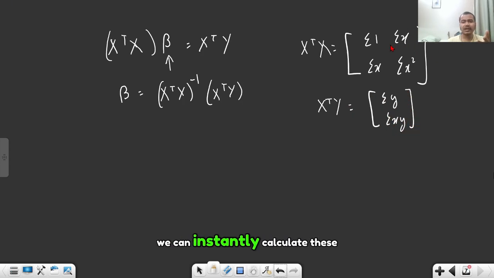We can instantly calculate these and put it into our equation to get the values of beta. No need to do any mind-blowing differentiation for this. And also there is one more advantage. Now assume our x, which is our input data points, are, instead of being one dimension, n dimensional.